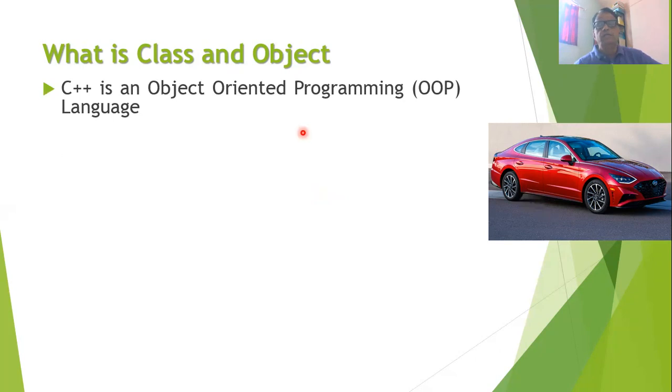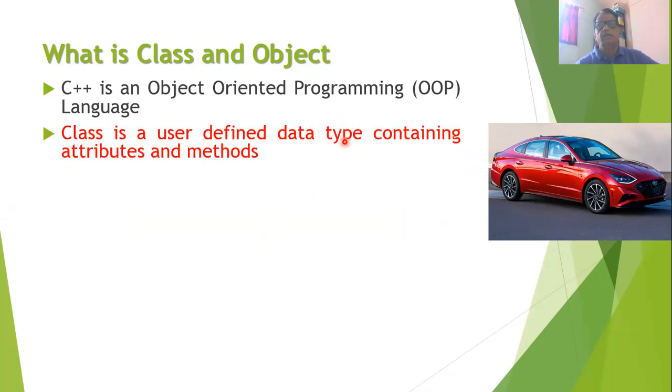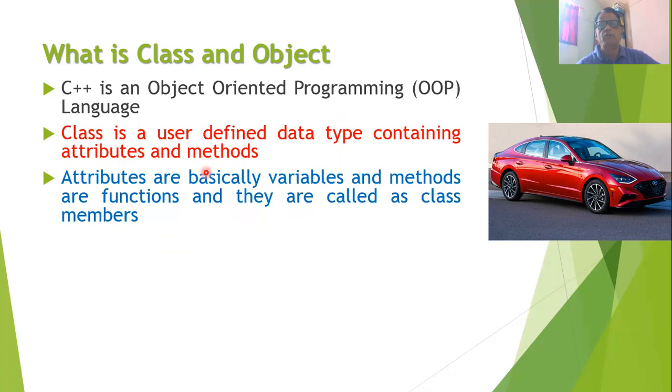We know that C++ is an object-oriented programming language, and in it we have a facility to define a class. A class is a user-defined data type. Every class in C++ contains attributes and methods, so it is a collection of attributes and methods.